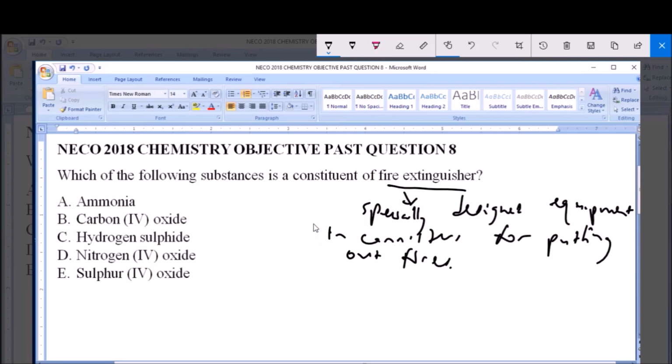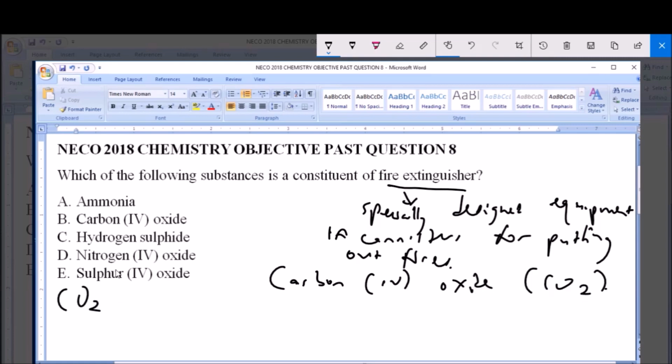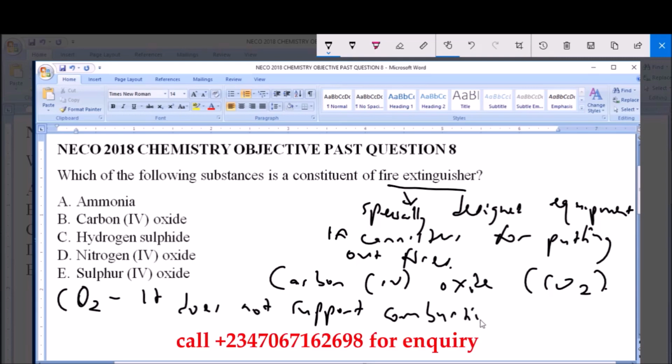So these fire extinguishers are commonly made up of carbon 4 oxide or CO2. Now CO2 is used as a constituent in fire extinguisher because it does not support combustion or burning.